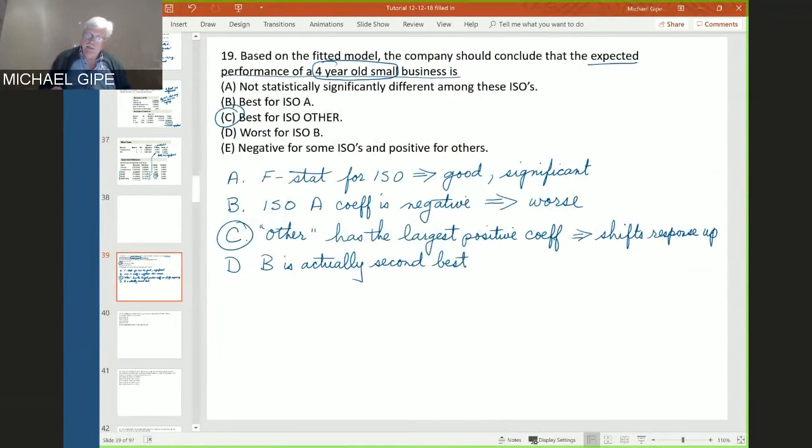How about E, negative for some ISOs and positive for others? Well, the performance can't be negative. The performance metric is always positive.